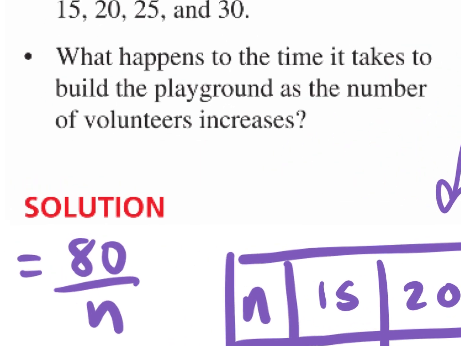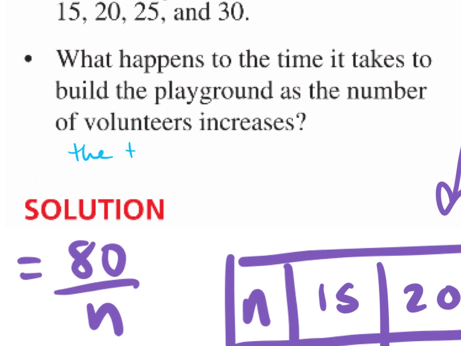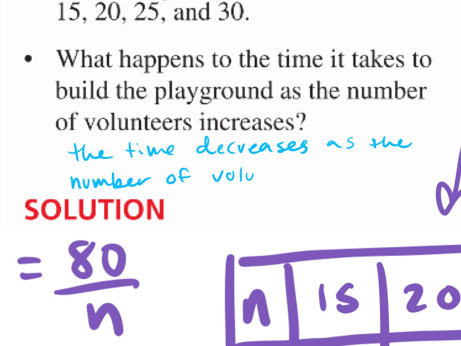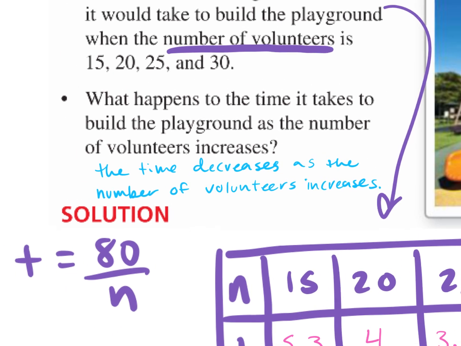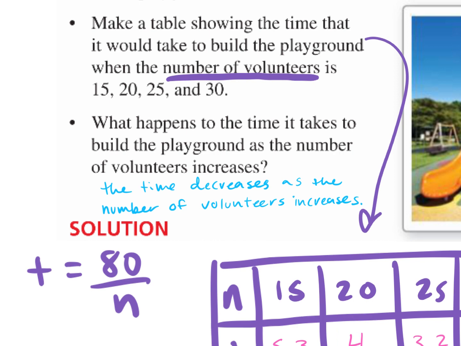So the time decreases as the number of volunteers increases, which makes sense because we said that this varies inversely, which shows one goes up, the other one goes down.